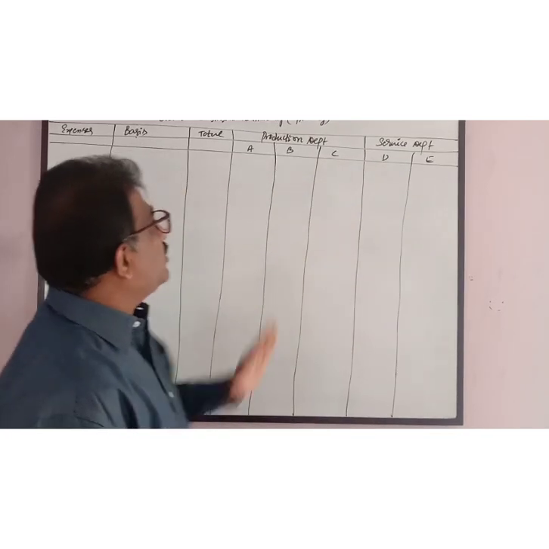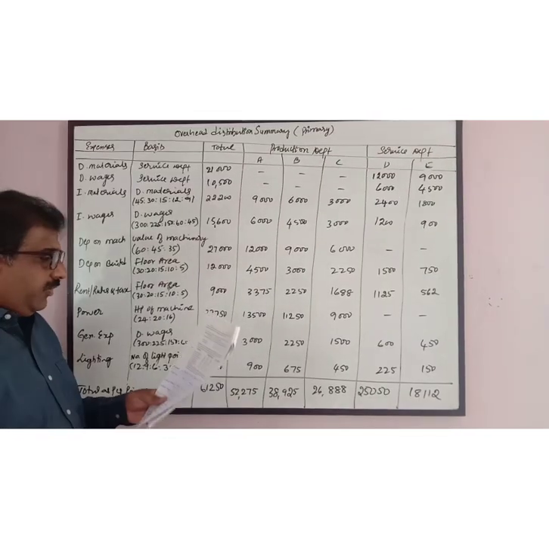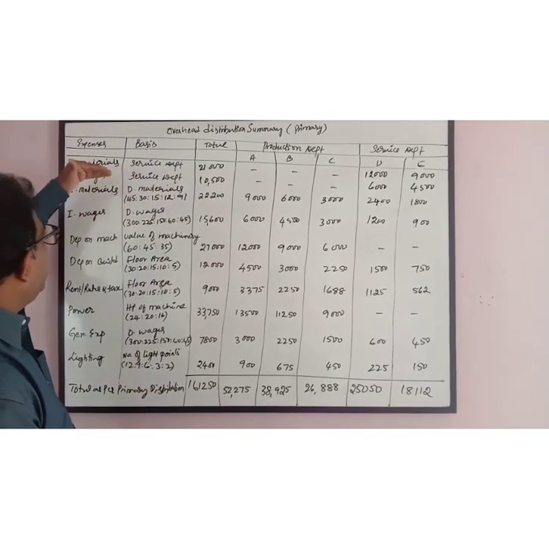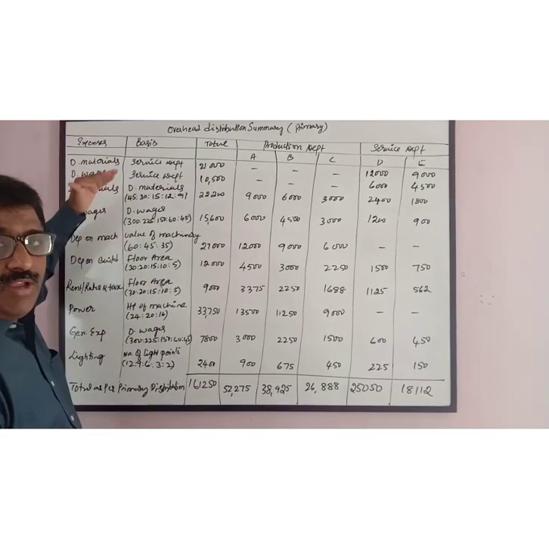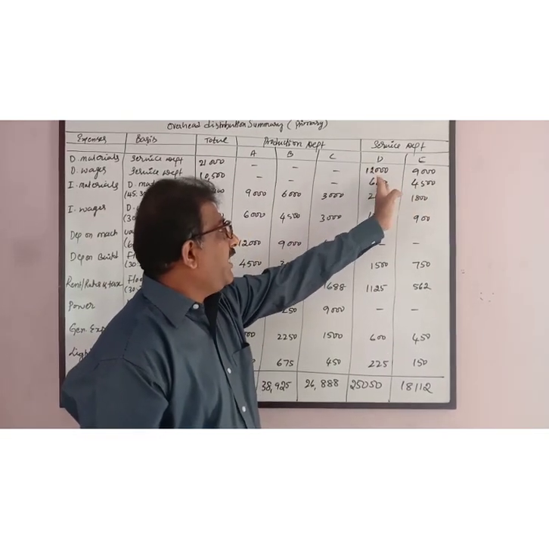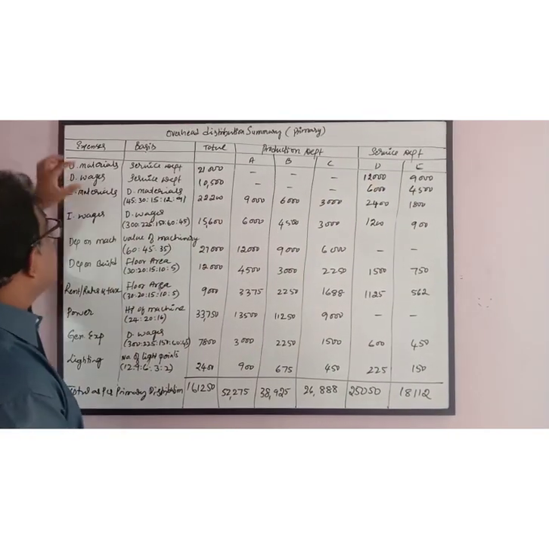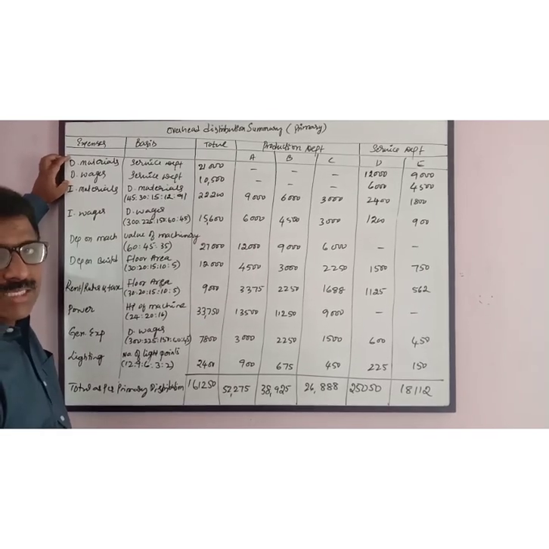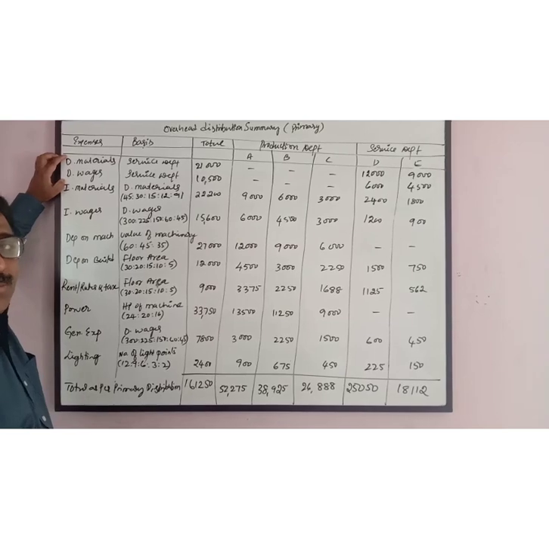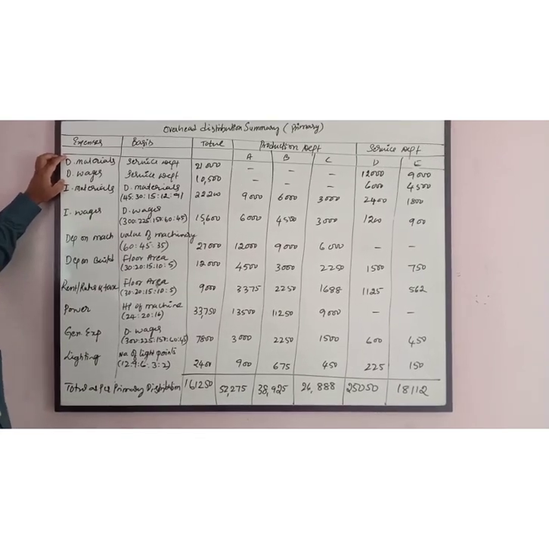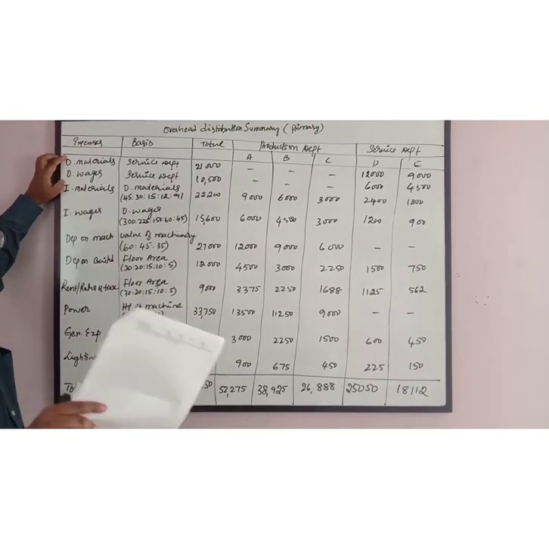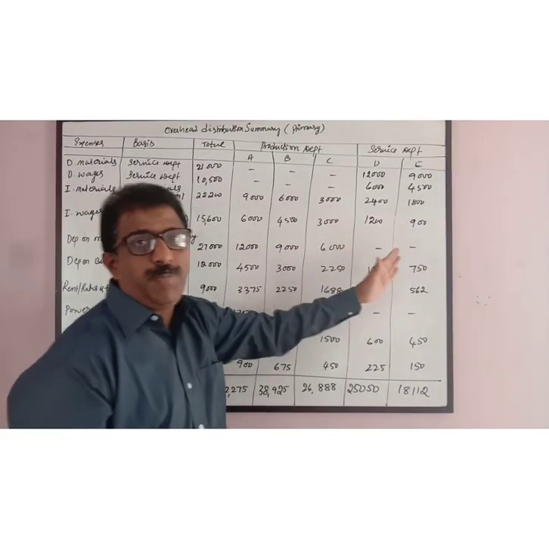For this problem, before we take the indirect overheads, first we have to take the service department's direct material and direct wages from the basis, as it is not producing any tangible goods. Since it is not producing any tangible goods, there is no possibility of direct material, direct wages and direct expenses for service department.